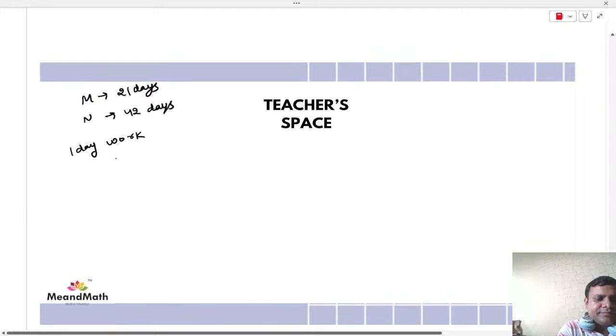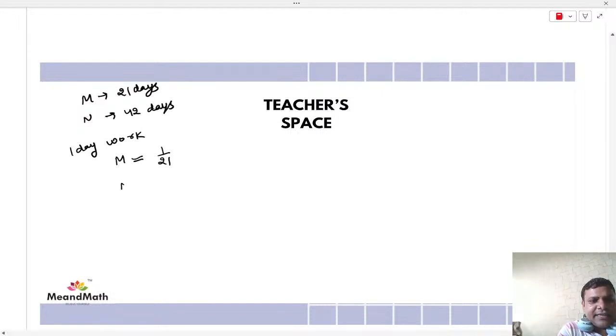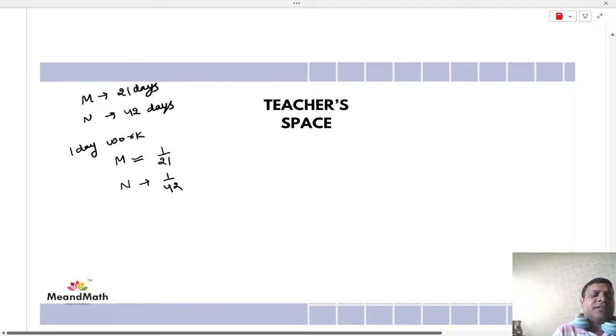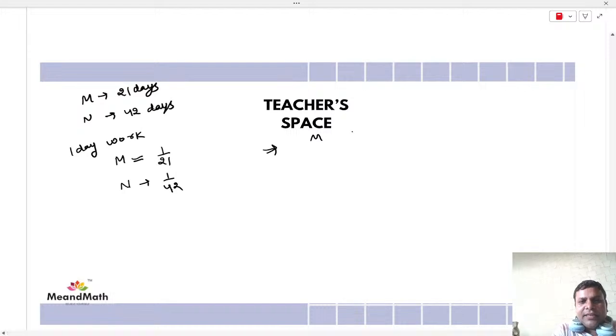M is 1 upon 21 and N is 1 upon 42. They are working alternate days, so now make the equation. First day M, then N, then M, then N. This process goes on till the full job is done.